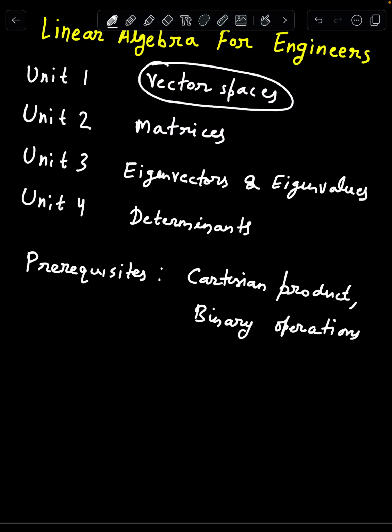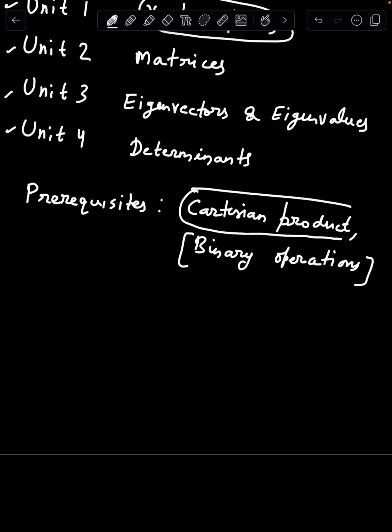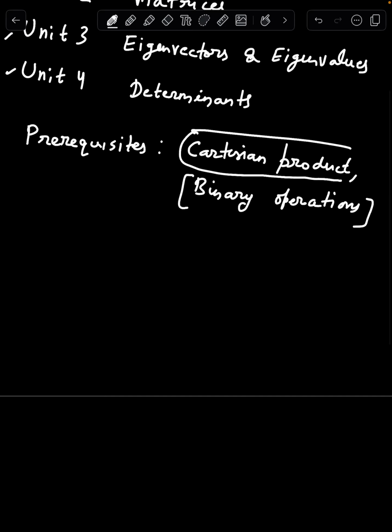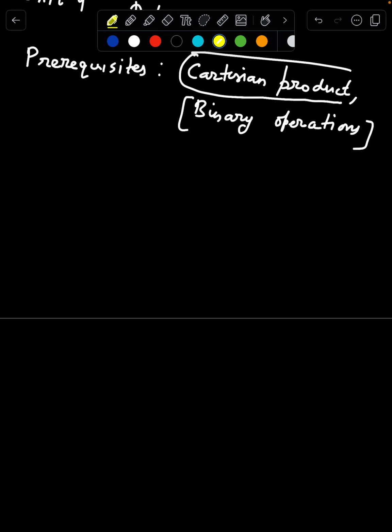So this will be our plan. We'll start with Unit 1 and then Unit 2, Unit 3, Unit 4. And today's video is about the prerequisites, Cartesian product and the binary operation. Today we'll be doing this. So let's start with Cartesian product.